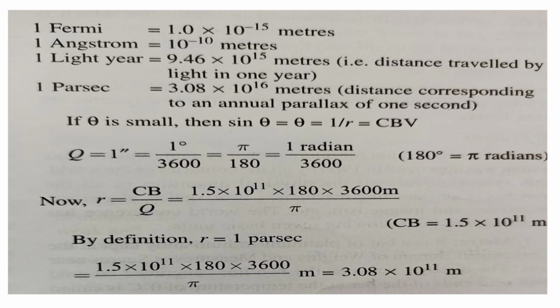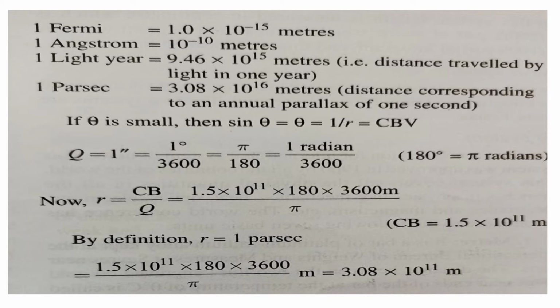So 1 Fermi is equal to 10 to power minus 15 meters, and 1 angstrom is equal to 10 to power minus 10 meters. 1 light year is equal to 9.46 into 10 to power 15 meters, the distance traveled by light in 1 year. 1 parsec is equal to 3.08 into 10 to power 16 meters, the distance corresponding to an annual parallax of 1 second.